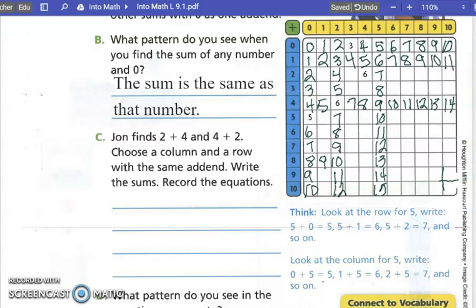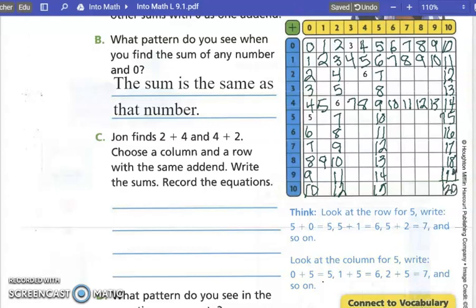Caden, what did you choose to go up and down, or down the column? 10. Okay, so he has 10 plus 0 is 10. 10 plus 1 is, 10 plus 2 is, 10 plus 3. Then we already had done 10 plus 4 with Catherine's. Okay, so 10 plus 5 is 15. 10 plus 6 is 16. 10 plus 7 is, 10 plus 8 is, and 10 plus 9 is, and then 10 plus 10 is.